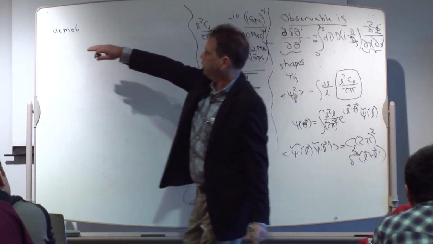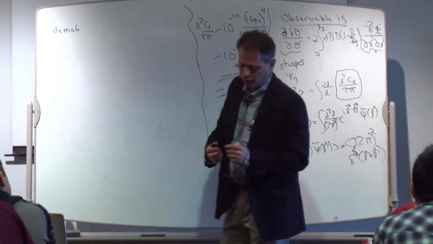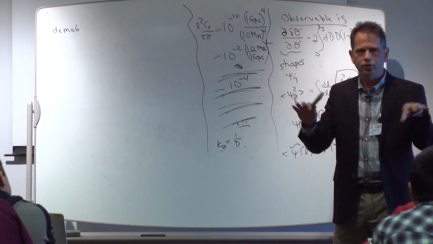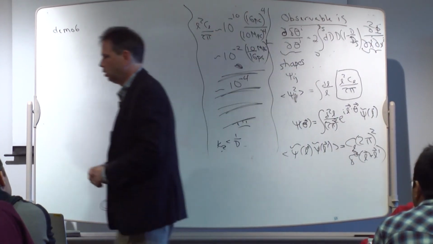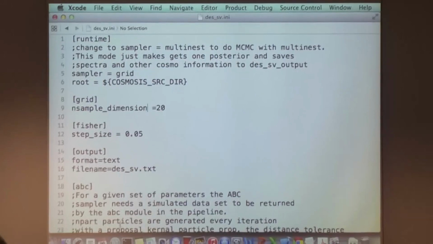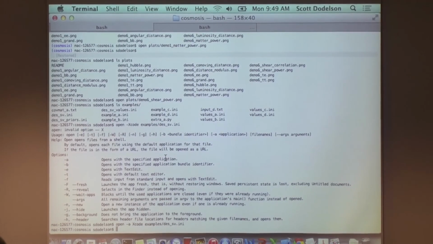So look at demo 6 if you did that. You actually calculated the shear. This is a good time to group yourselves among people who were able to successfully get CosmoSIS installed. That would be useful. That's the change, and so we're going to sample a grid.